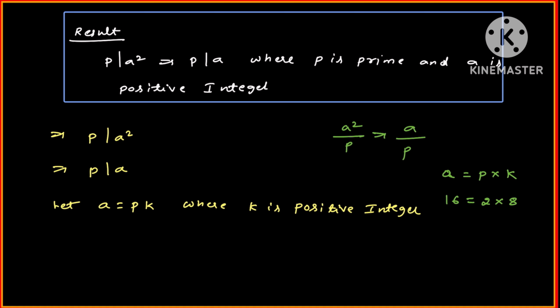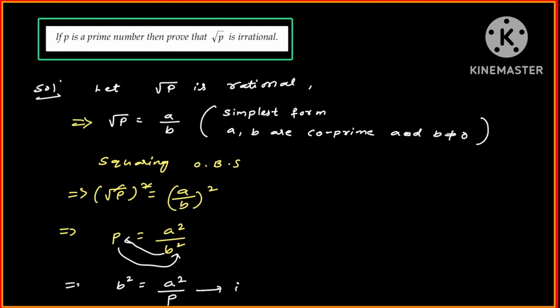Thus p is a factor of a. We can take this as equation number 2 and the earlier one as equation number 1.